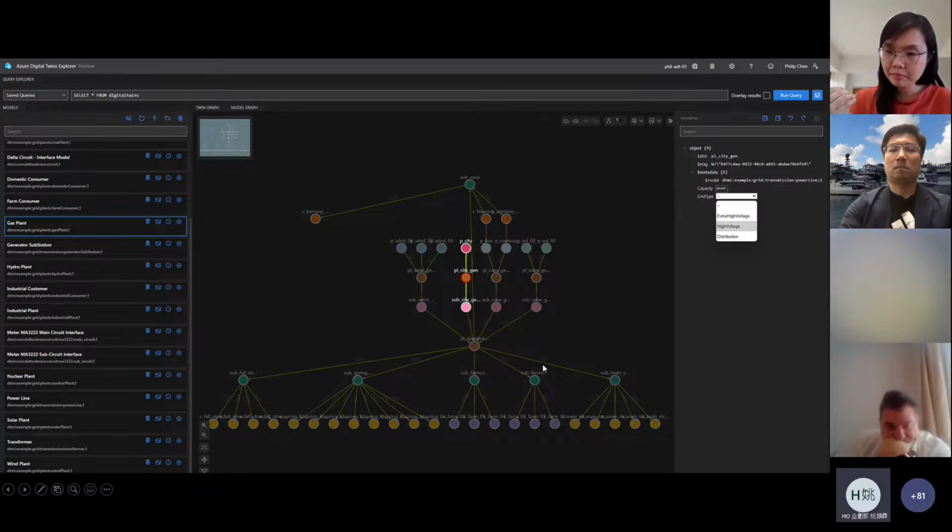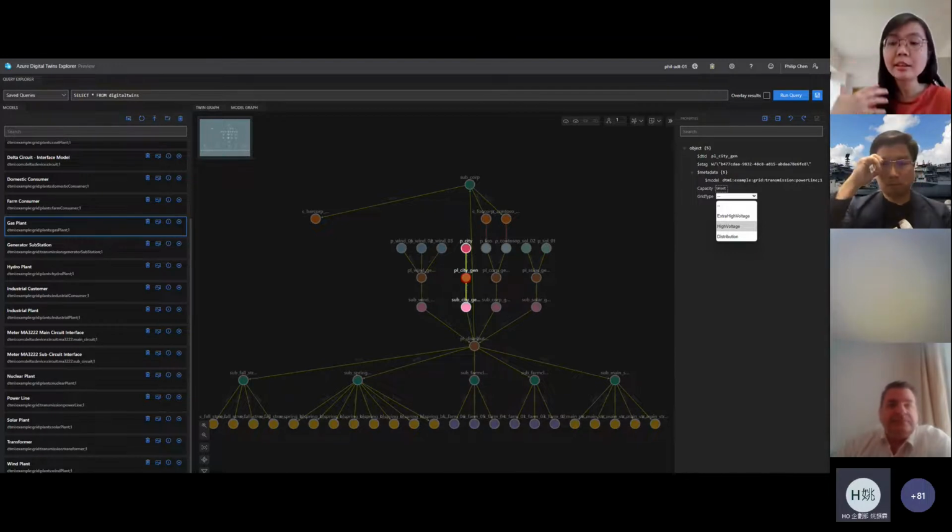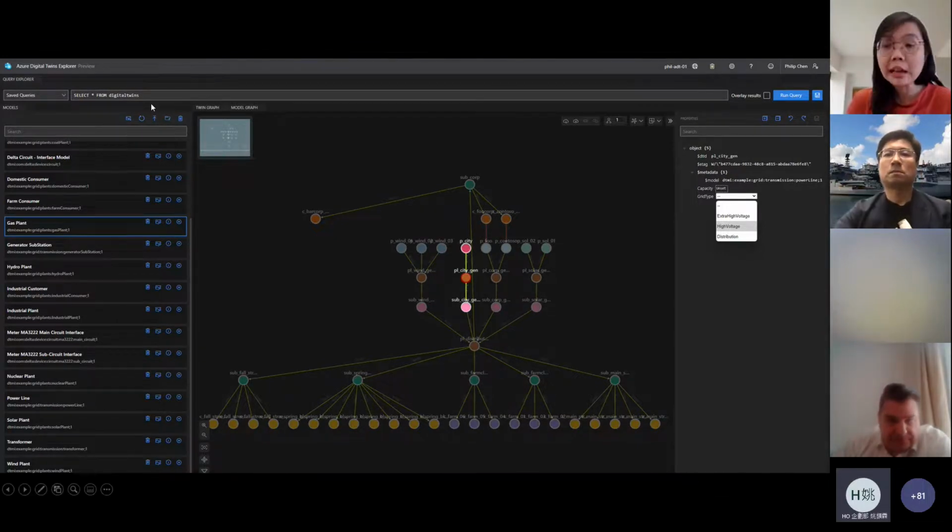So it may be, let's say, a battery pack that contains certain cells and compositions, or it may be the vehicle itself that contains the powertrain, the battery, or the different components that make it up. But essentially, by having this model with these relationship nodes, it gives us the ability to ask questions to the digital twin.